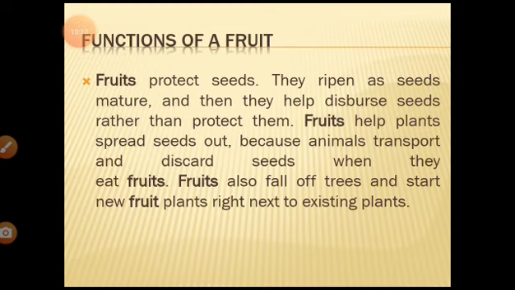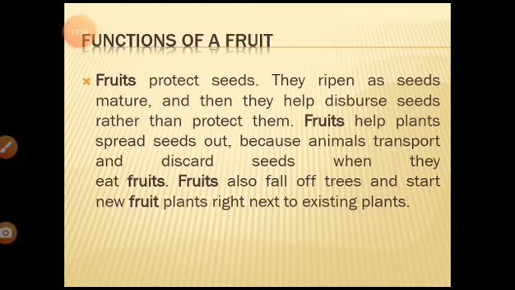Fruits help plants spread seeds because animals transport and discard seeds when they eat fruits. Animals are very helpful in transferring seeds from one place to another, like birds, bees, and many insects. Fruits also fall off trees and start new plants right next to existing plants.